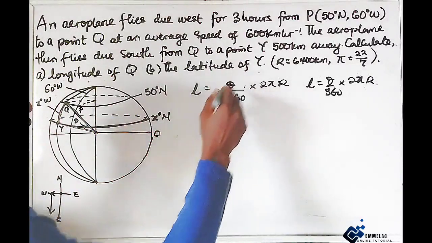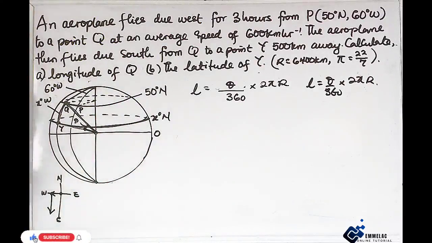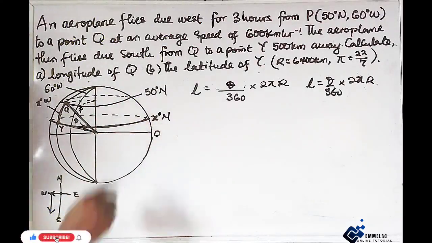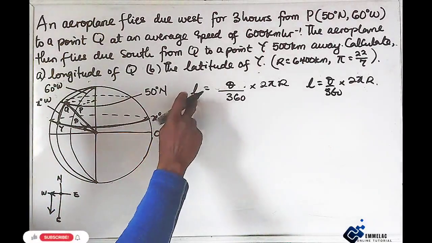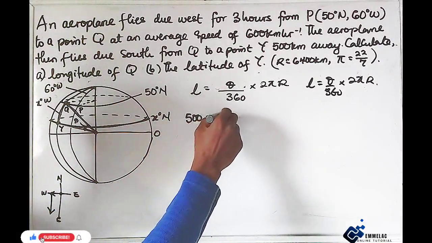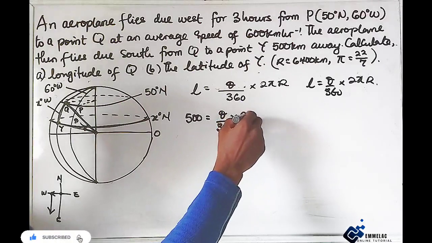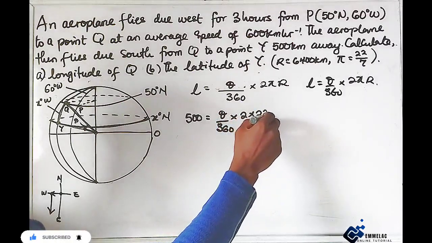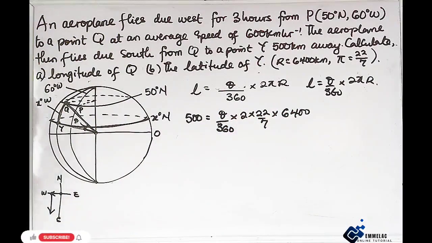So first of all we need to find the angular difference, after which we now find the value of the latitude of Y. So as shown in here, we have L given as 500. That'll be theta over 360 times 2 times 22 over 7 times 6,400.